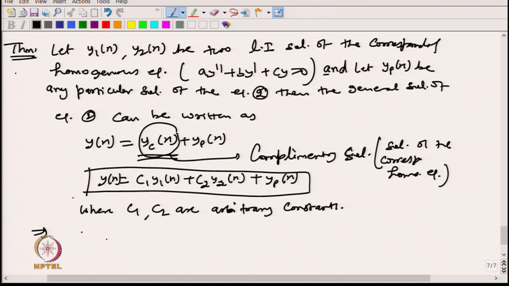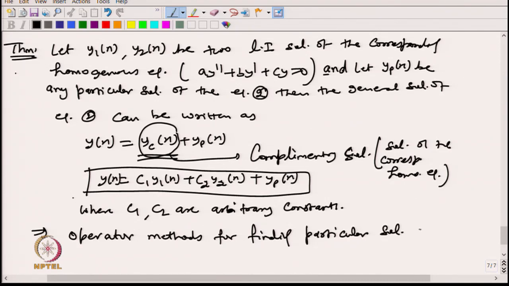In this case we choose a method called the operator method for finding the particular solution yp(x) of equation 2.